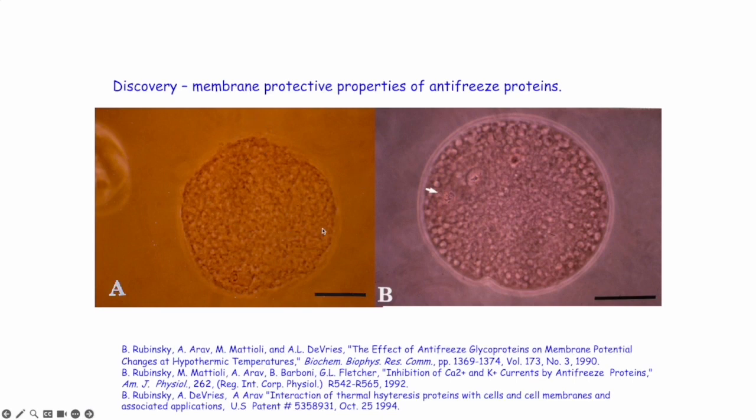Namely, they protect, we believe, the cell membrane. If you remember, the cell membrane is a major site of damage. So if you find something that can coat the cell membrane and affect from the exterior the mass transfer across the cell membrane, then you can also increase the viability. And we think that's what the antifreeze protein does.